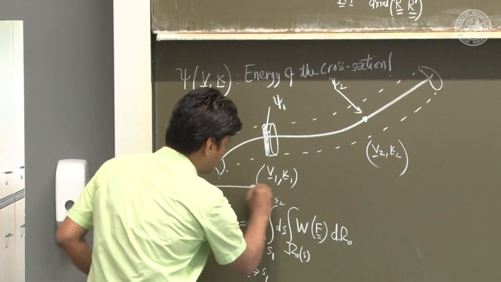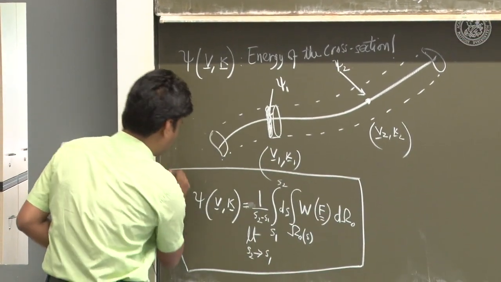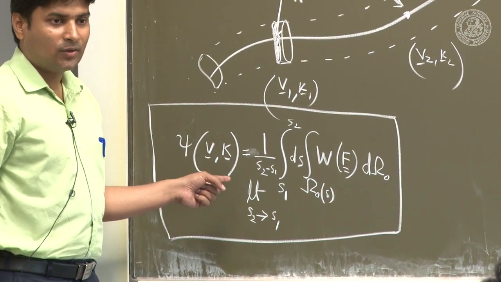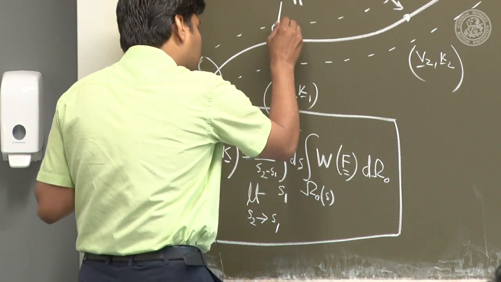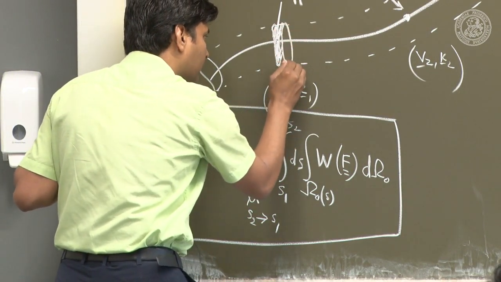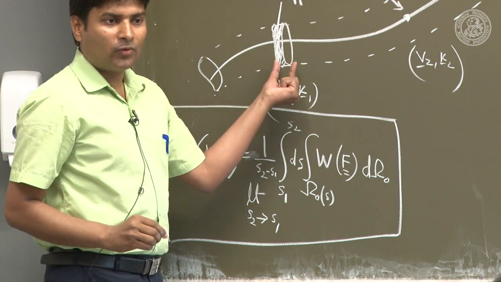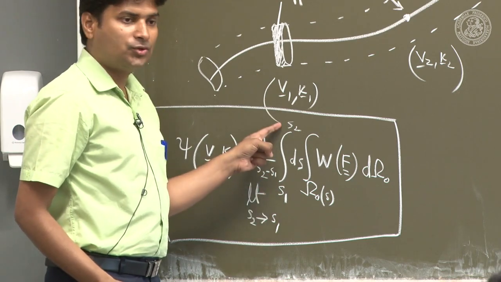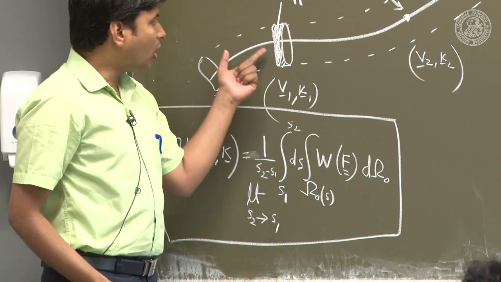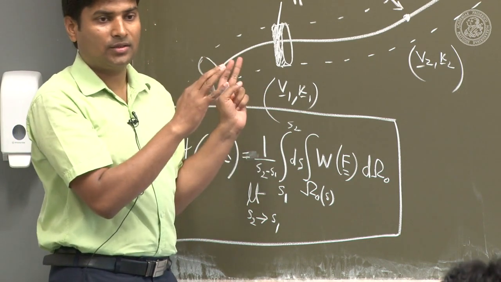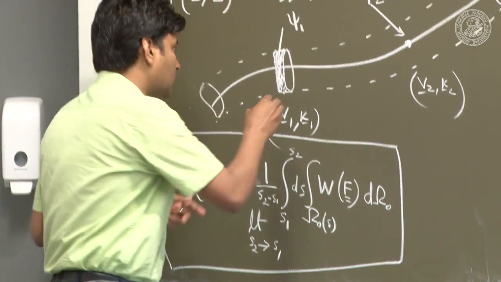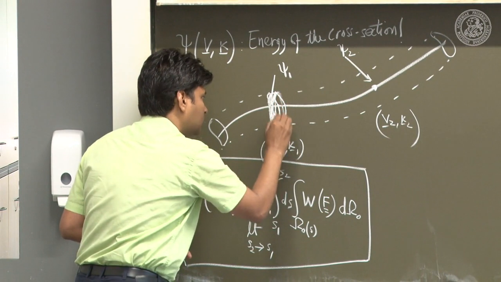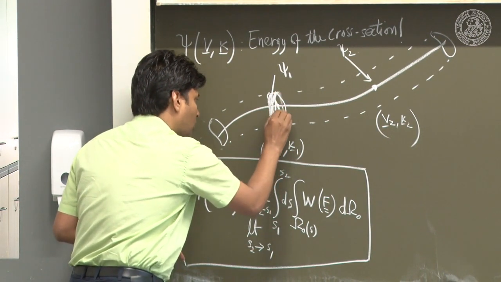So, can we say that's your psi? See, this is energy per unit length. So, what we did is we took a small domain here, which was bounded by two cross sections, one at S1 and the other at S2. Of course, when the rod gets deformed, the cross sections are no more planar. So, it will become warped, does not matter. So, you can let it warp.